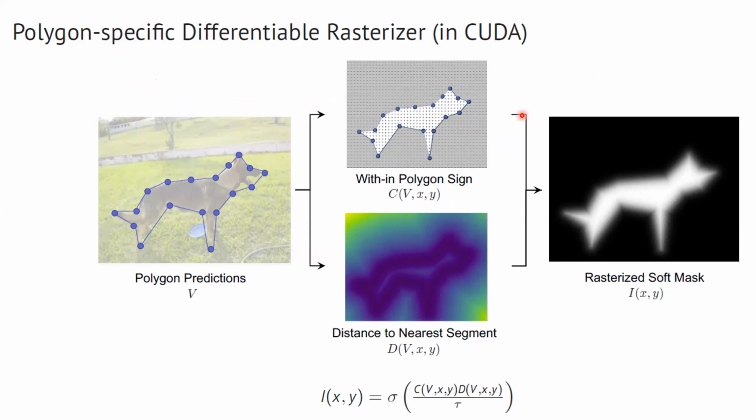For example, here are some control points for your polygon prediction. Then basically you can have a sign for each individual point, whether it's inside or outside. This is the standard signed distance function. So in the end, you have a rasterized softmax to represent your mask with respect to your control points for the vectorized polygon representation.